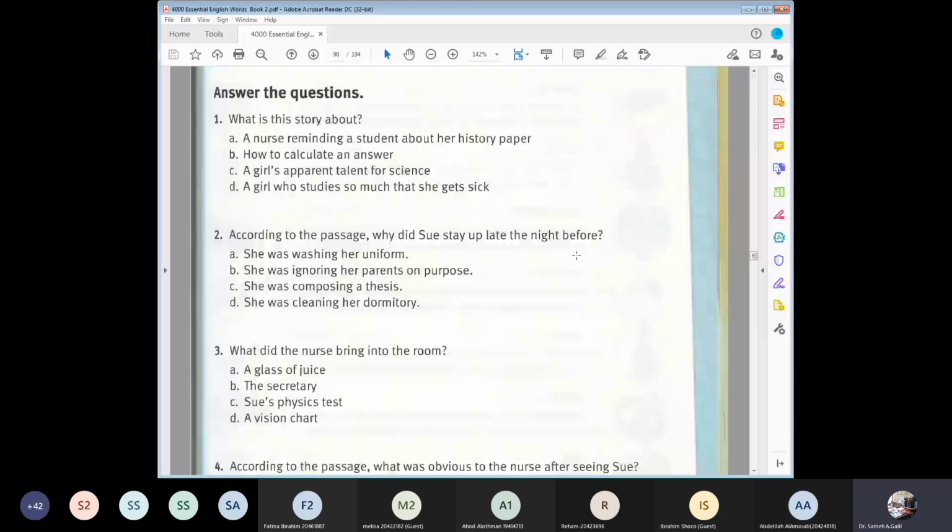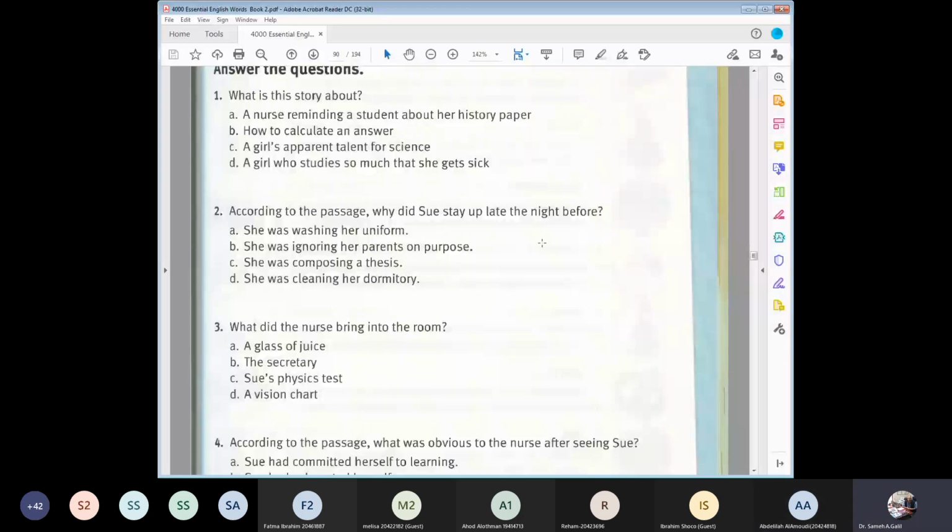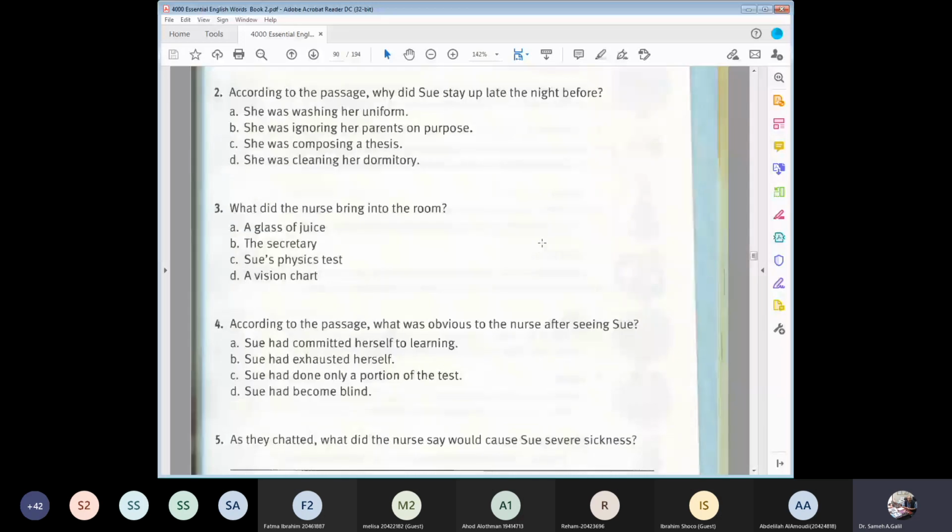Can we move on to number 2? So according to the passage, why did Sue stay up late the night before? Can we have a female volunteer? This is obviously a variation on the previous one. It's very similar. Can I answer? Yes, go ahead. What's your name? Sulaiman Said. Sulaiman, go ahead.